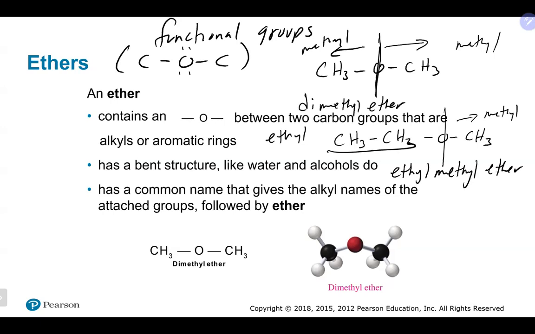So basically you name the groups in alphabetical order and just lay ether at the end of it. And that's much easier than the proper name, which in this case would be methoxyethane. We'll just do common naming here.